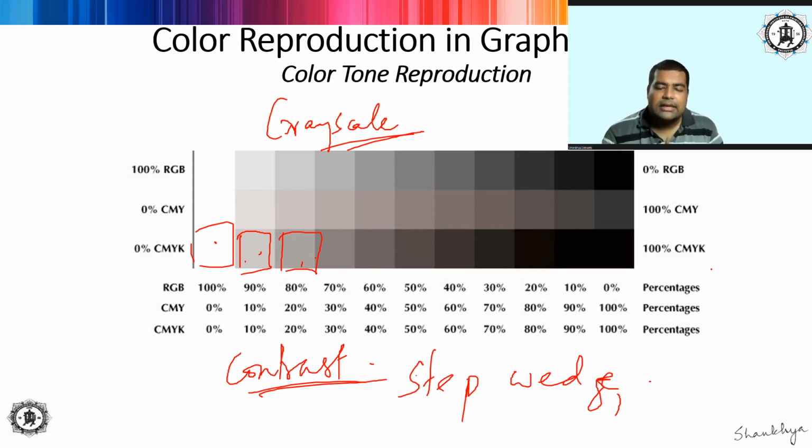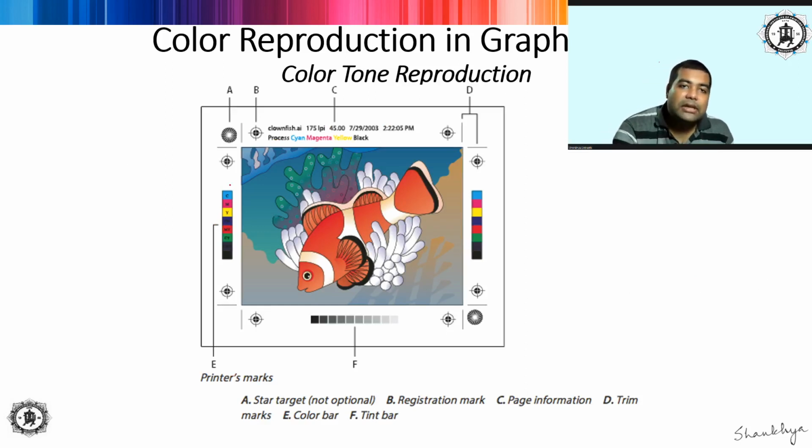As I was saying, let us take a look at how density is basically measured. For example, this is your image that you want to print through color. While preparing this image, you add this particular grayscale within the image itself. If you do that, you get individual color patches, one for cyan, another for magenta, another for yellow, another for black, or even for your 3 color or 4 color superimpositions.